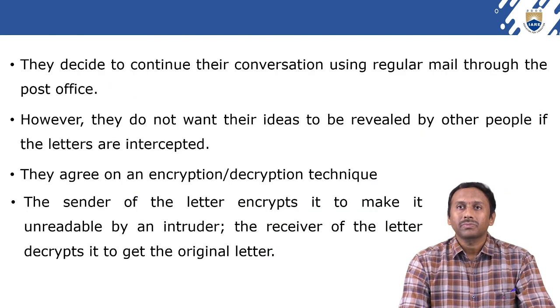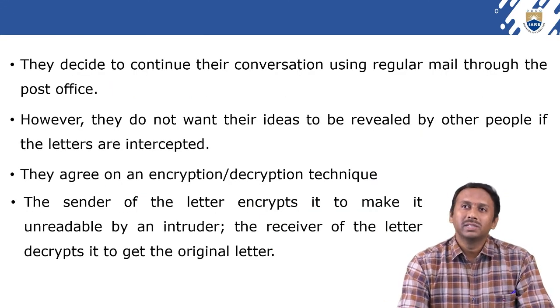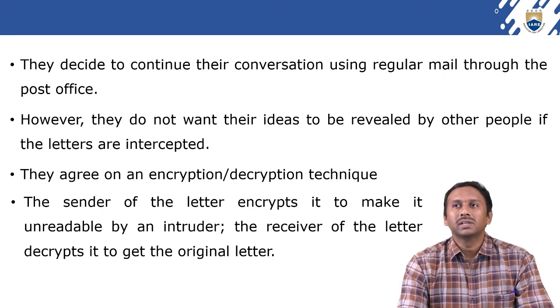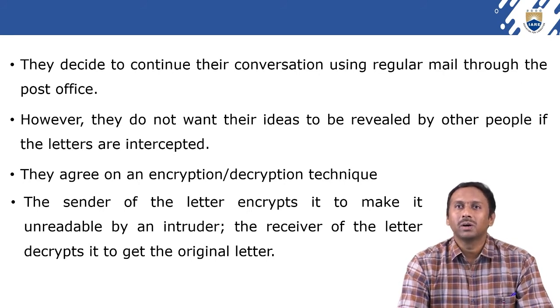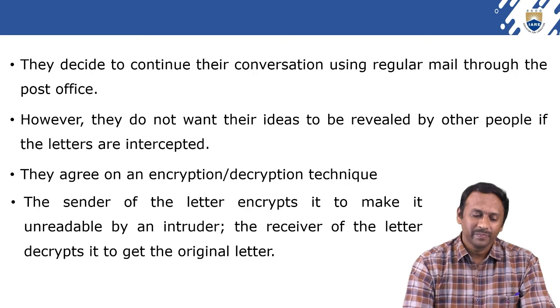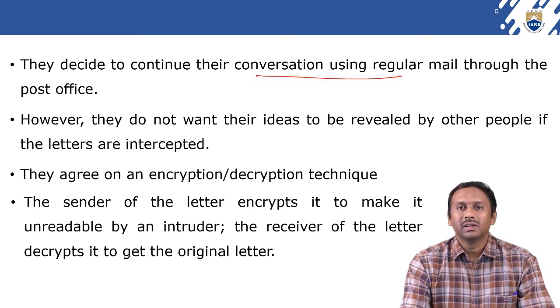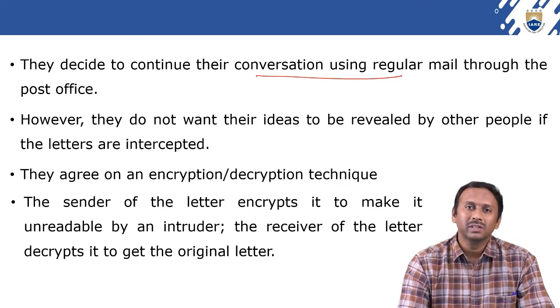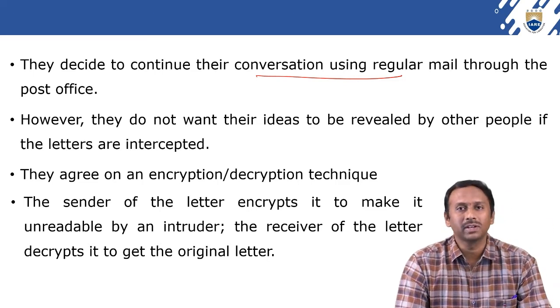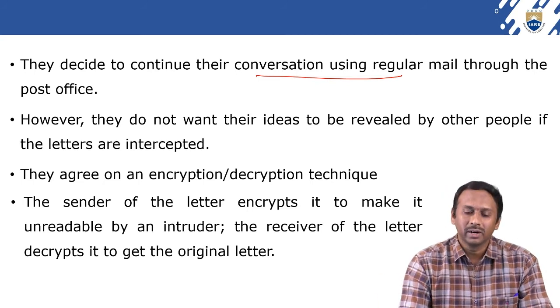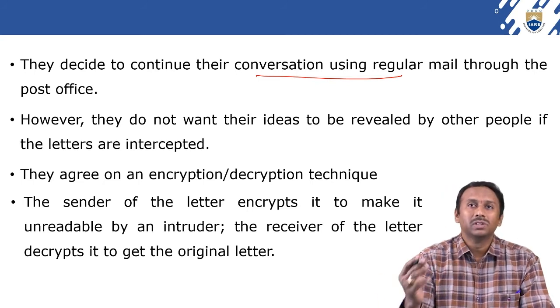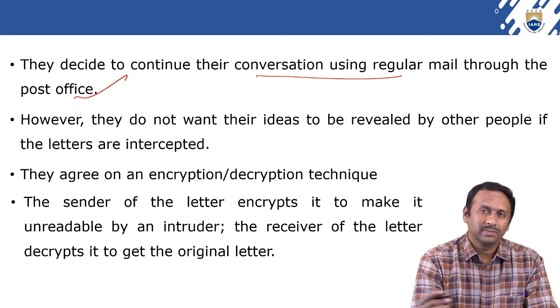Okay, so they decided to continue their conversation using regular mail through the post office. Their mindset is very close, so even though they are working far away, they share their ideas through the post office.